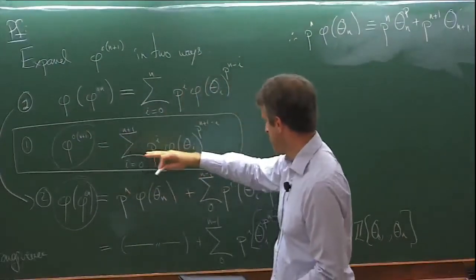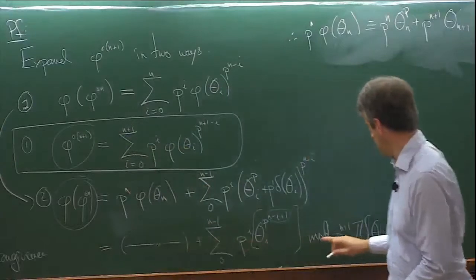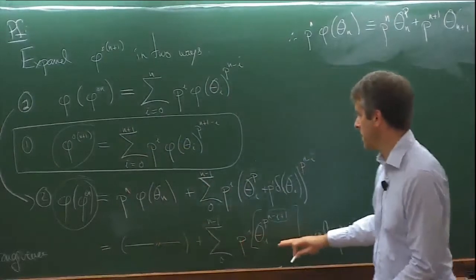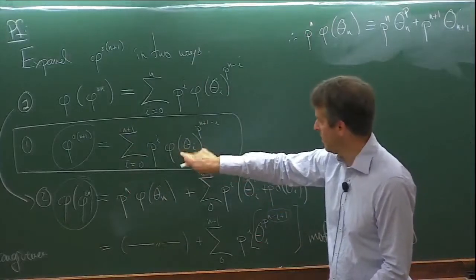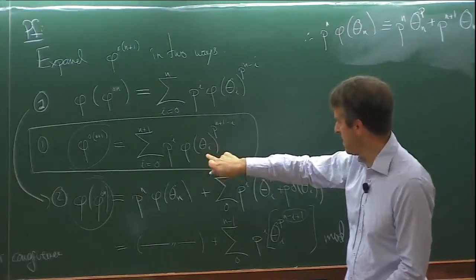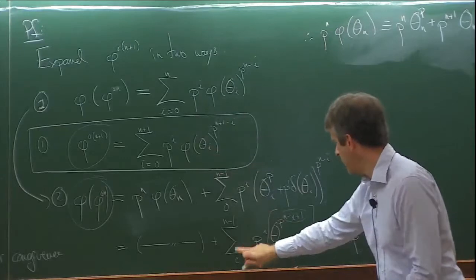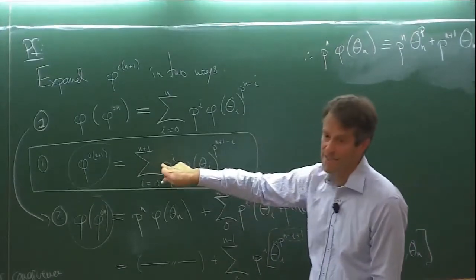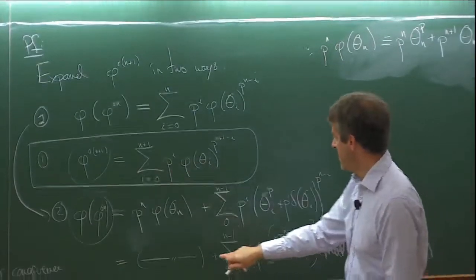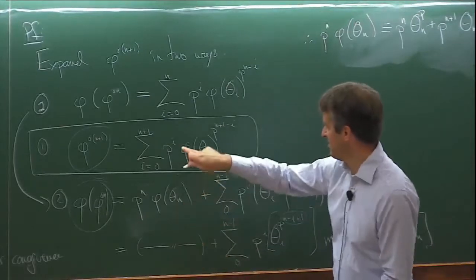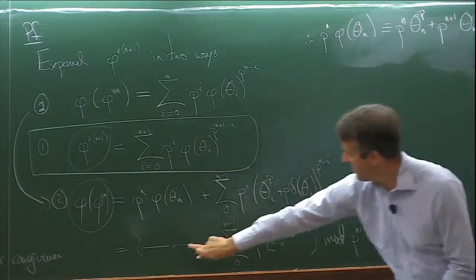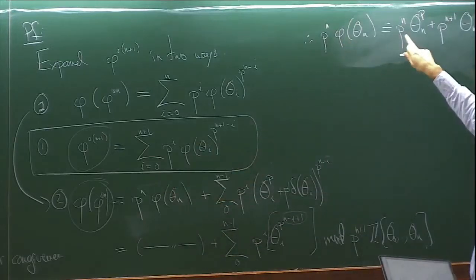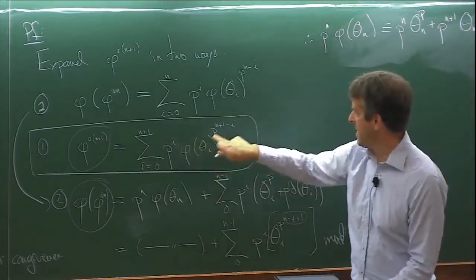Therefore, this summation here is congruent modulo p to the n plus 1 to this summation here. All of these terms here match up with the terms in this one, not that one. That was my mistake. They all cancel except for the final two terms here, and therefore this is congruent to the final two terms here in the summation.